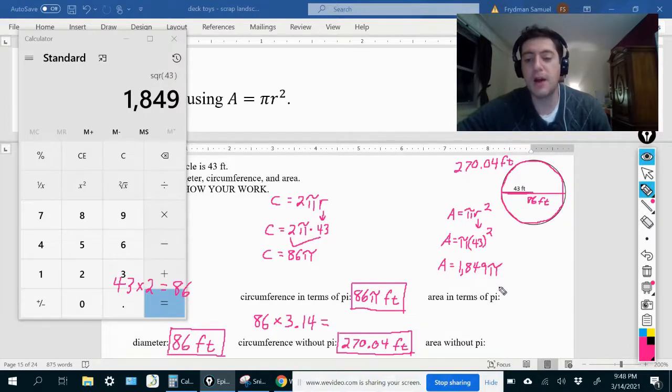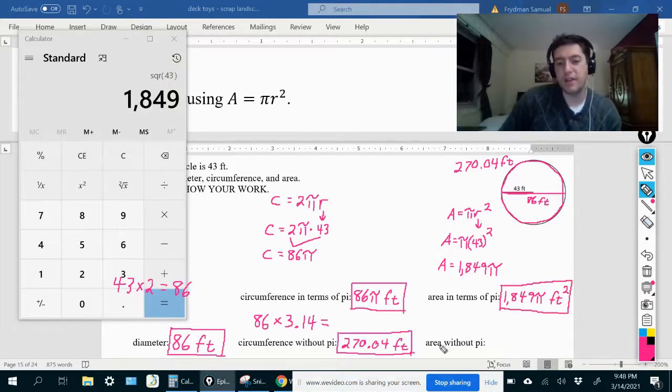So we will keep the pi in there. So let's write that 1,849 pi, and the units would now be square feet. So we're going to write the symbol for feet and then put an exponent of 2 above it. Area is 2-dimensional, so we need that exponent of 2 above the feet there. I'm just going to box the answer.